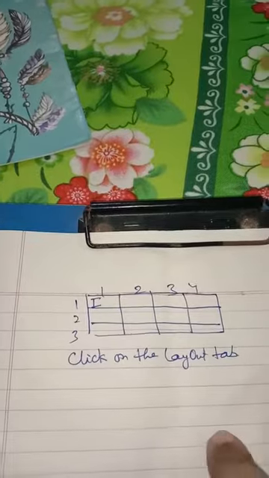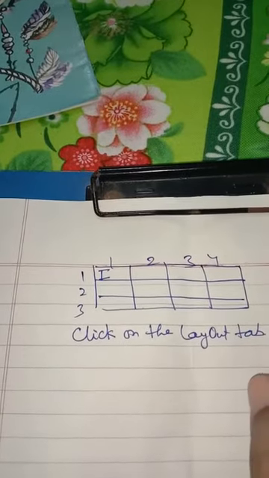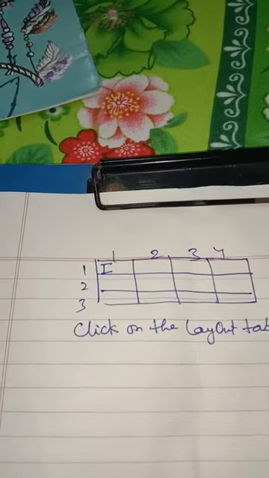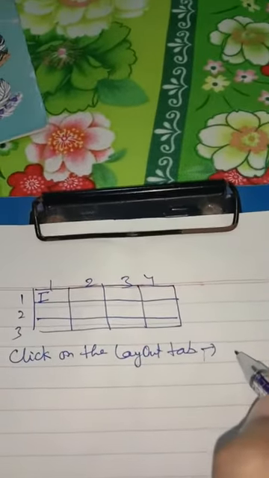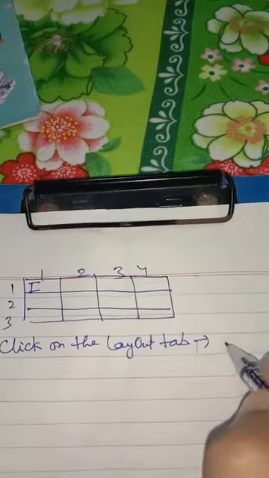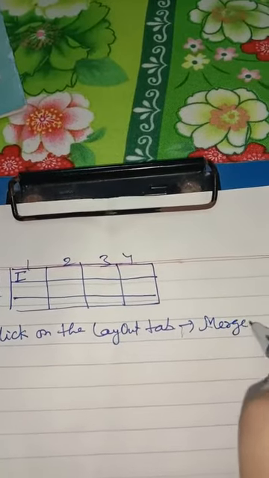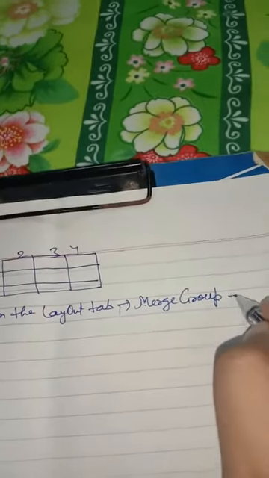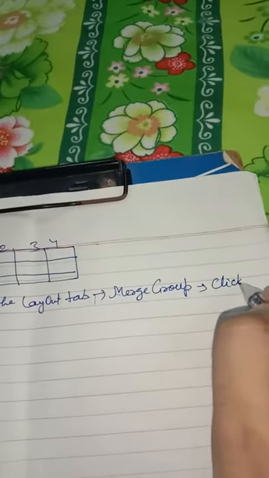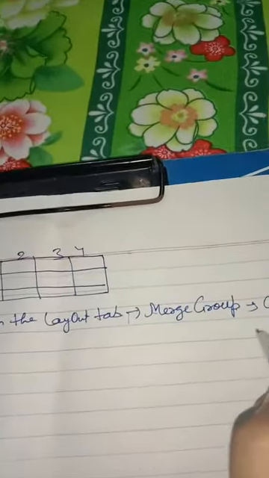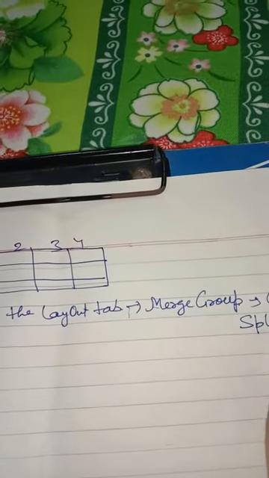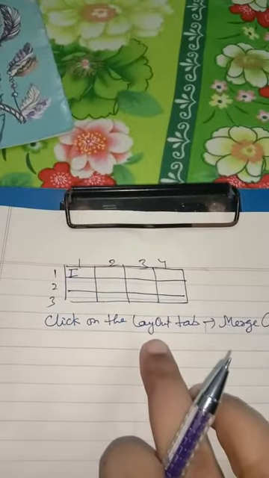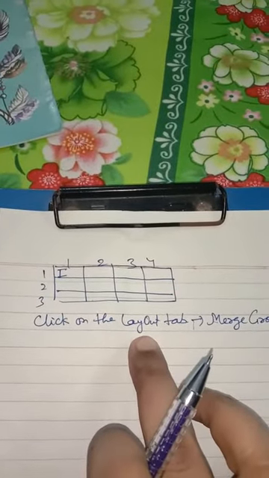From the layout tab, we have to go to the merge group, and in the merge group we have to click on the split option. Click on split table.